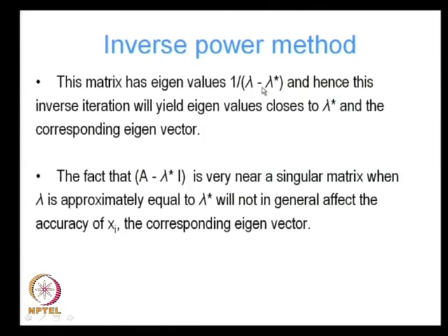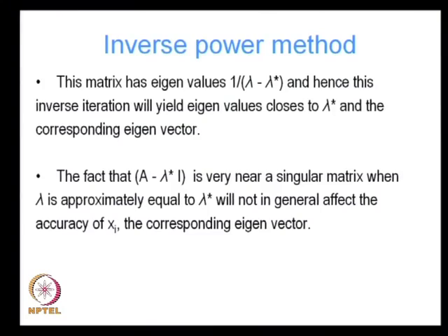When I get the eigenvalue which is as close as possible to my constant lambda star. So, the power method can be generalized. We can use it not only to compute the largest or the smallest eigenvalue, we can use it to compute any eigenvalue or eigenvector, right.